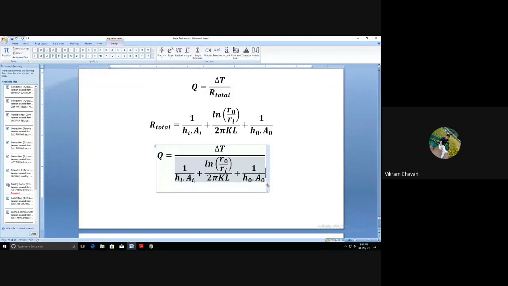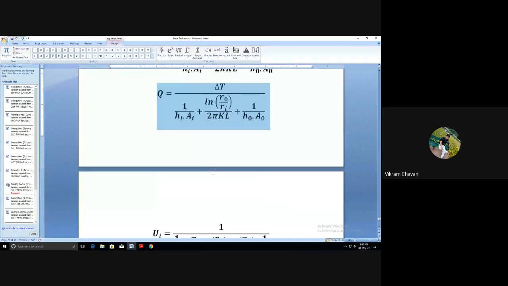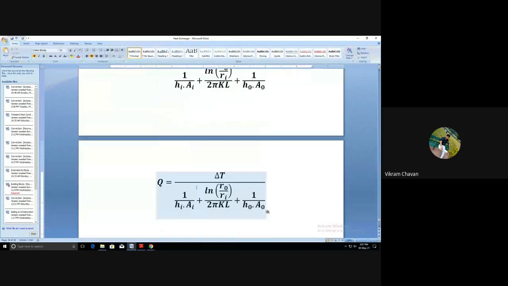So if you take ai common, consider that you have taken the ai common. If you take the ai common, 1 upon ai common will be shifted to the numerator side.